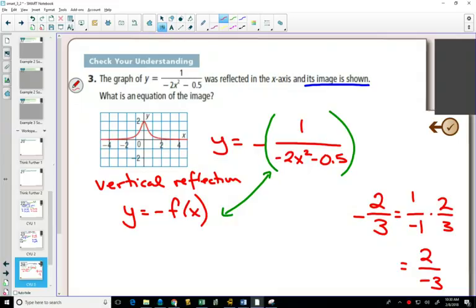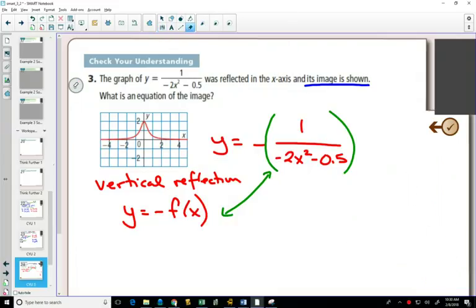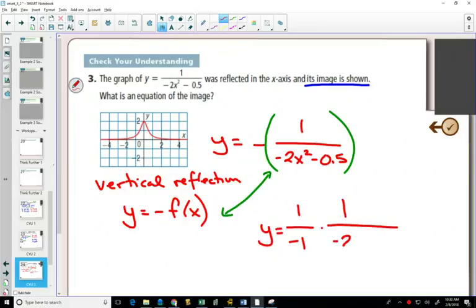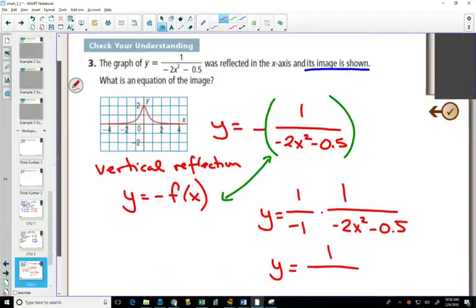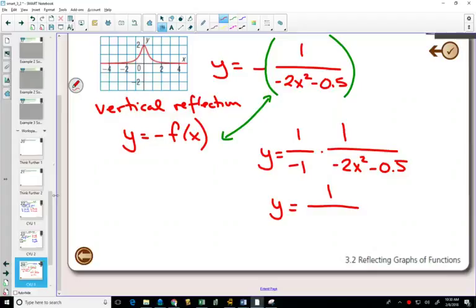So if I put that in the bottom of the fraction, if I took this equation and simplified it by saying it's equal to 1 over negative 1 times this, and I multiply the top, well, that's just 1 times 1. If I multiply the bottom by the negative, do you see that you would have to distribute it?